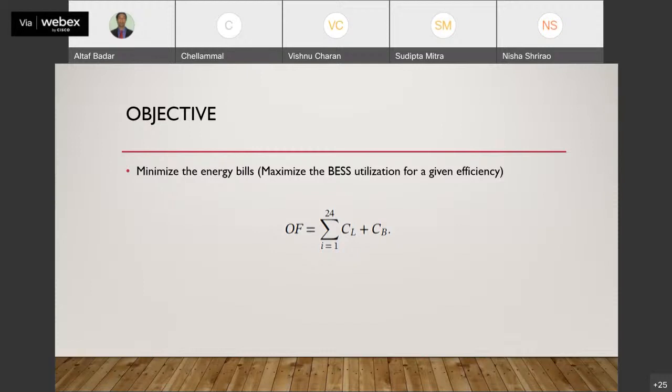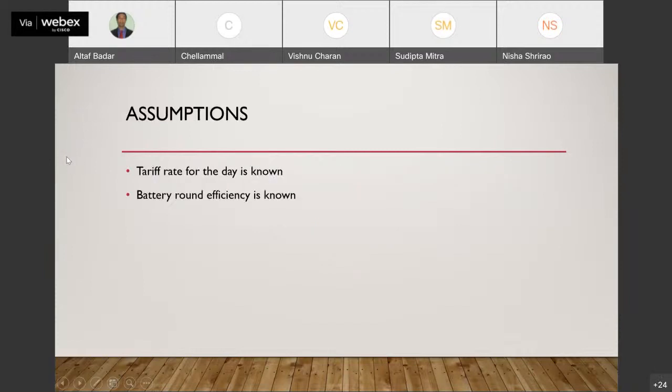For this, I would require the round efficiency, charging efficiency, discharging efficiency, charging rate, discharging rate, and many other things. Either we can guess those values or we can take them from the paper. So let us take them from the paper. Now, what are the assumptions before we go for it? This is also a very important part. While reading a paper, I just missed that part out.